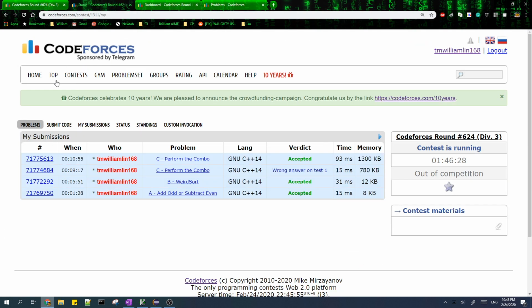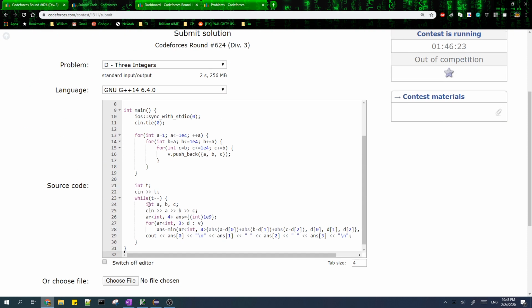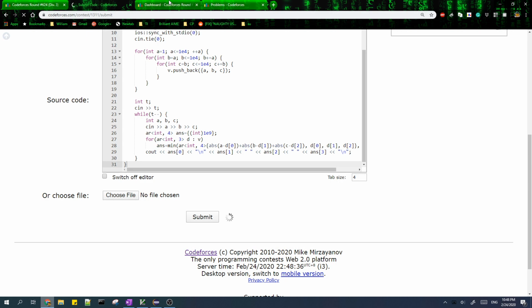It seems like it is because my computer is slightly slower, so I think it should work on Codeforces.